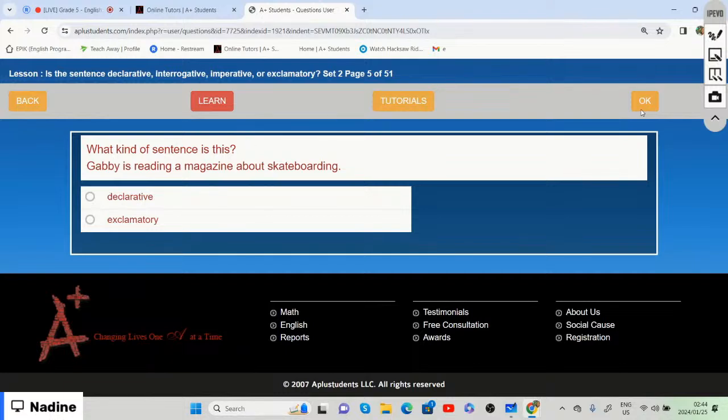Gabby is reading a magazine about skateboarding. Is that a declarative sentence or an exclamatory sentence?